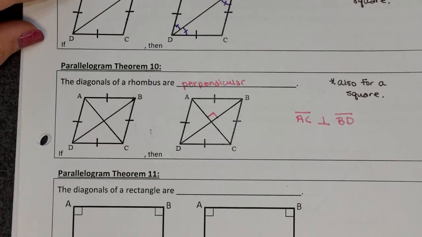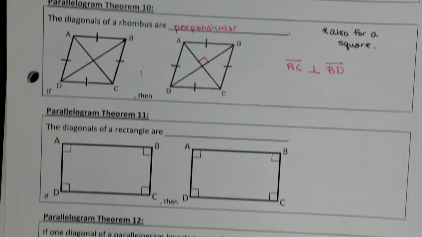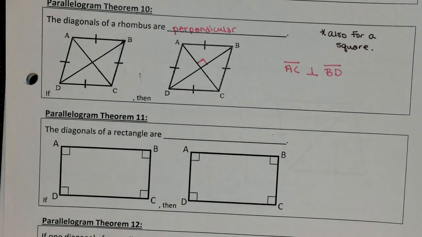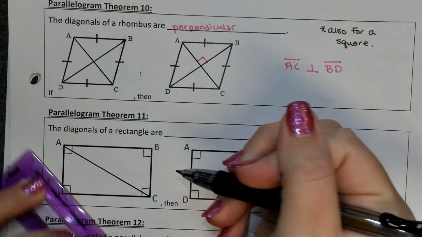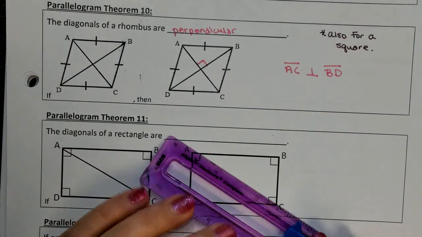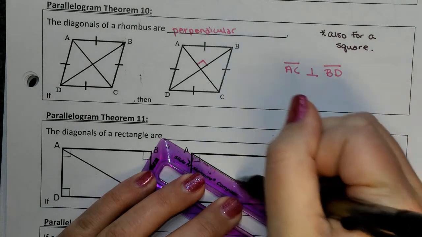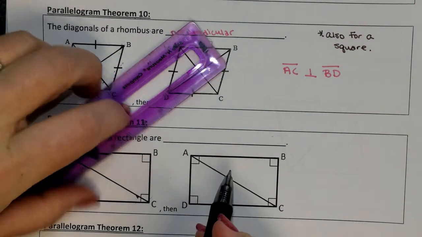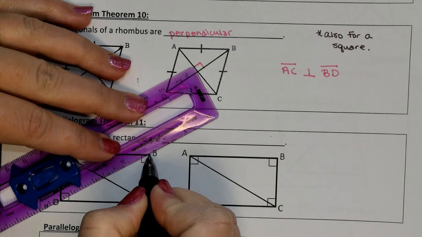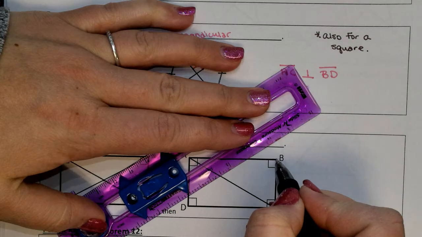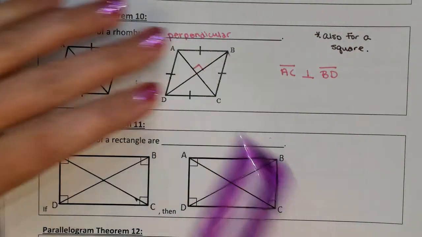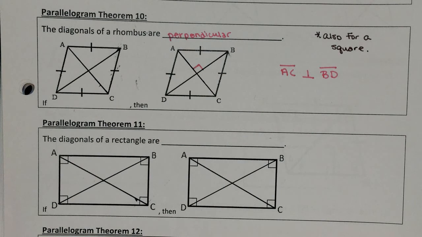All right, so moving on down to the next theorem. It says the diagonals of a rectangle are, so if I draw in these diagonals, the diagonals of a rectangle are going to be congruent.